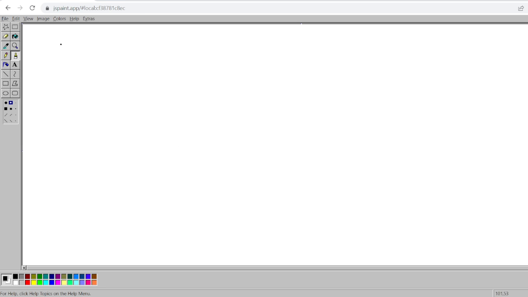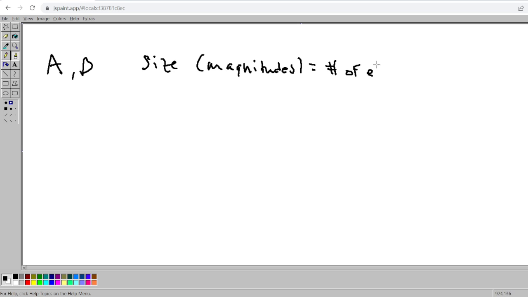So the idea is basically we're comparing sets, set A and set B, with respect solely to their size, their magnitudes, or in translation, the number of elements in each set.